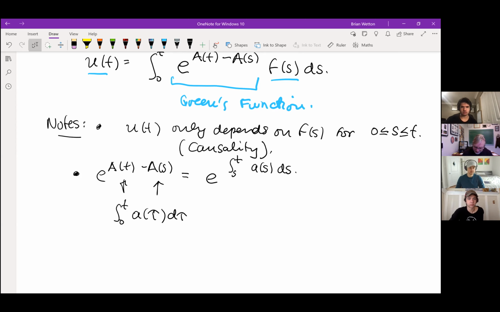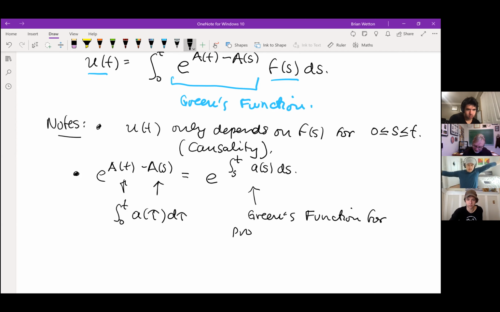Okay, I'm going to look at this. This is actually the Green's function for problem 1, right? Which was just the initial data problem, not the forcing, right?